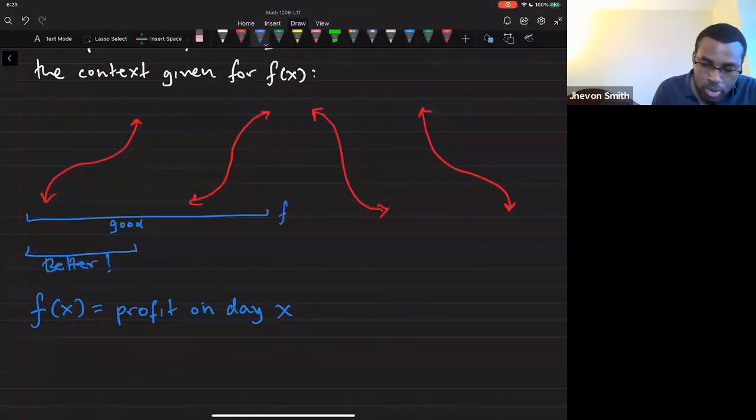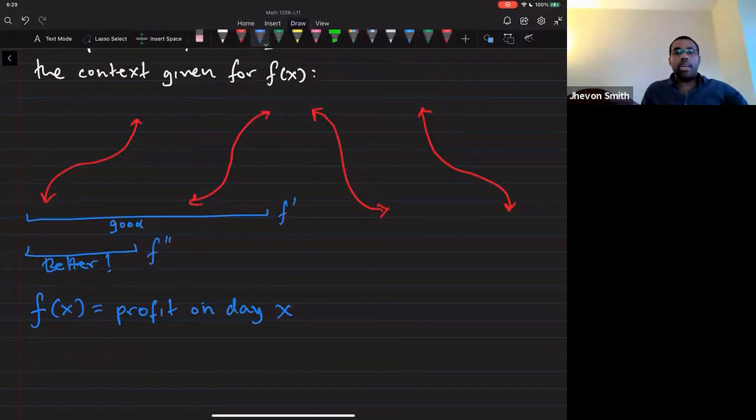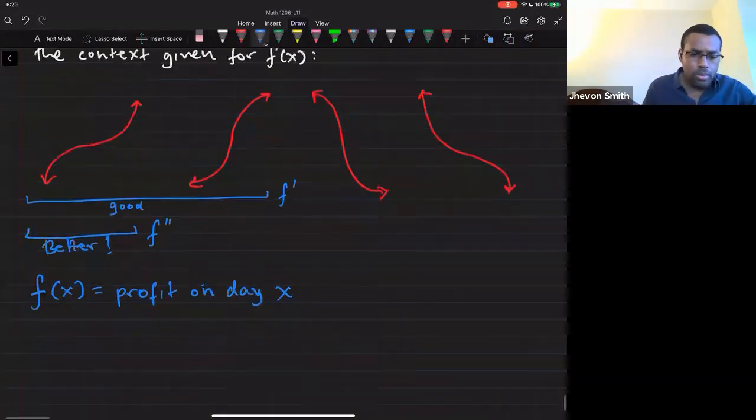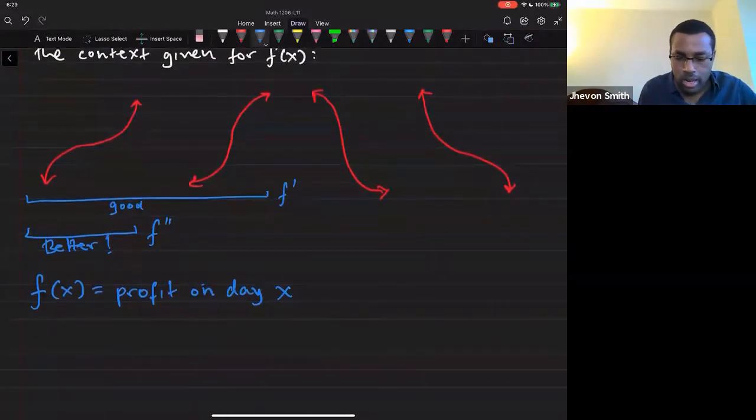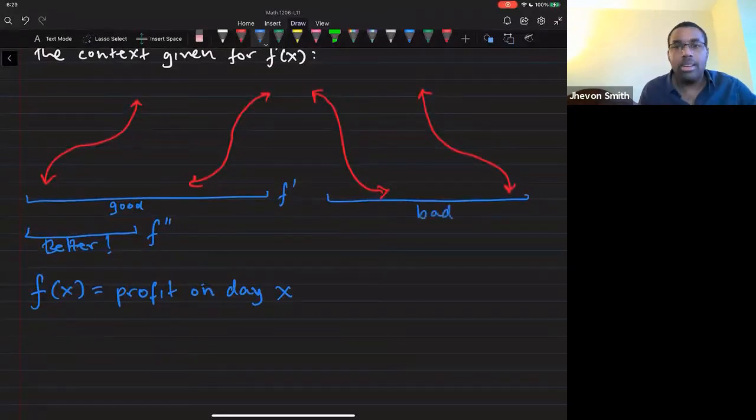So here's what f prime can tell us, and here's what f double prime can tell us, right? And so that's one interpretation, okay? And over here, they're both bad. But if you were in one versus the other, it would actually be better to be over here.